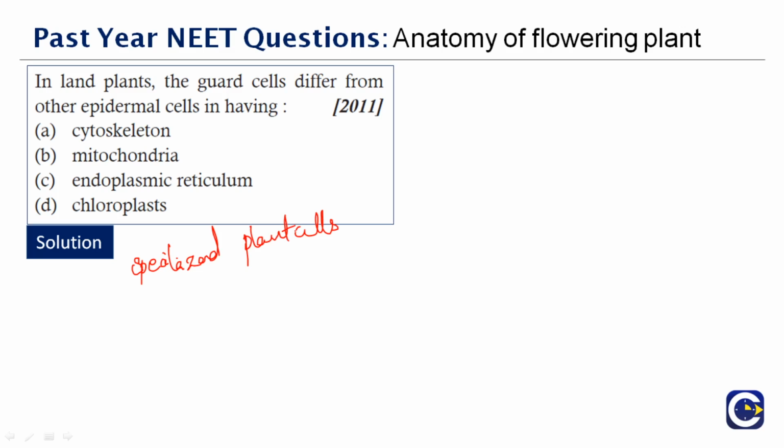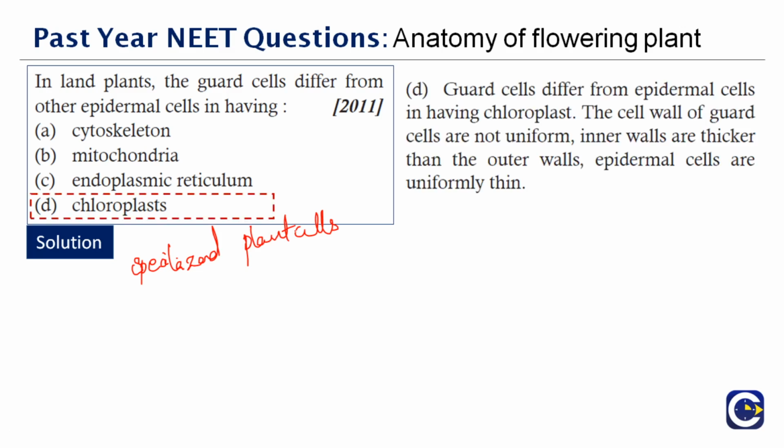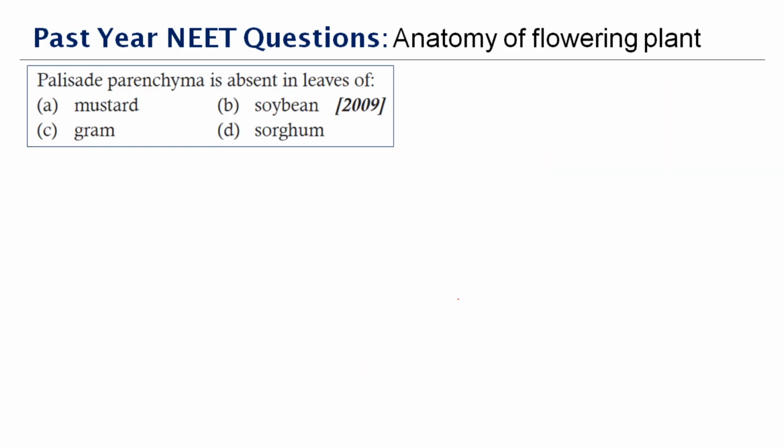It is because of the chloroplast. Therefore the correct answer is option D. Usually if you see the structure of it, it will be like this. You will have a gap in between that will maintain that stomatal pore. Therefore the correct answer is option D, chloroplast.